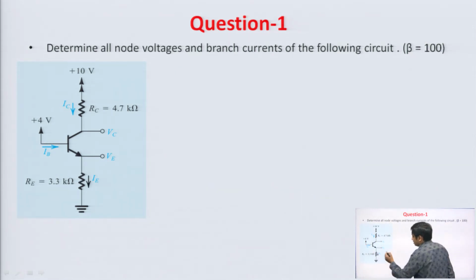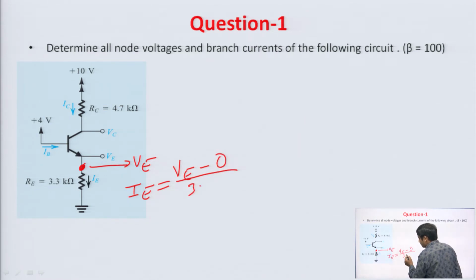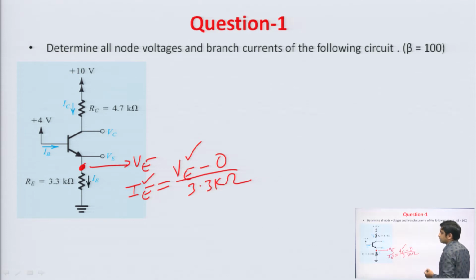So, emitter current will be the voltage difference across the 3.3 kilo ohm resistor, that is VE minus 0 upon 3.3 kilo ohm, and VE is 3.3 volt, just put it and find out the value of emitter current, fine. If we have got the emitter current, then we can calculate the collector current, IC is equal to alpha into IE, fine.